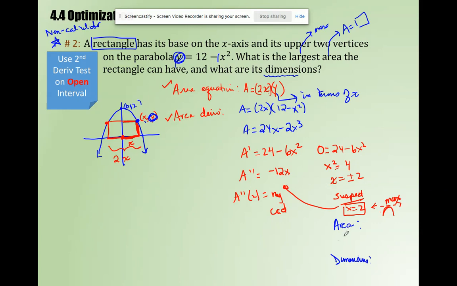I was asked for the maximum area. Area is equal to 2 times x times 12 minus x squared.